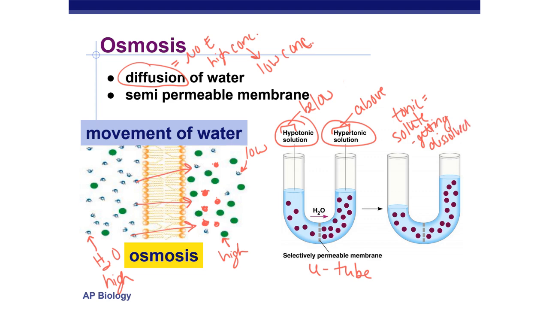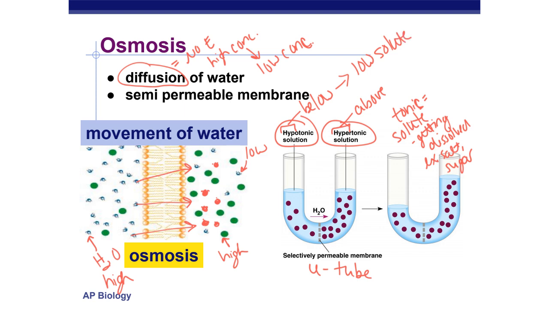Examples would be salt and sugar. Those are our two big examples of solute. Water would be the solvent. So if I have a hypotonic solution, that means I have a low solute solution.